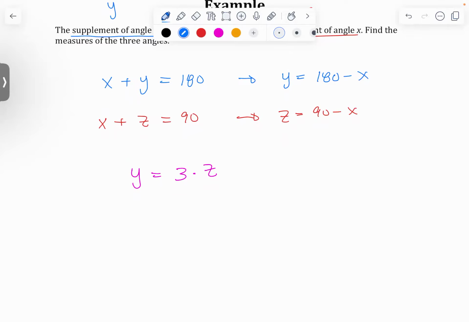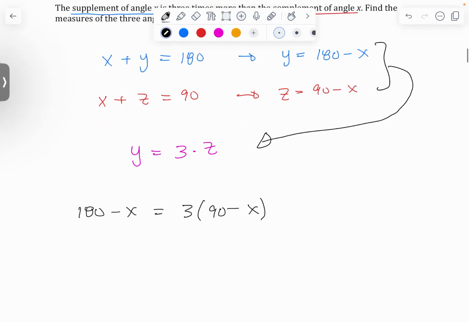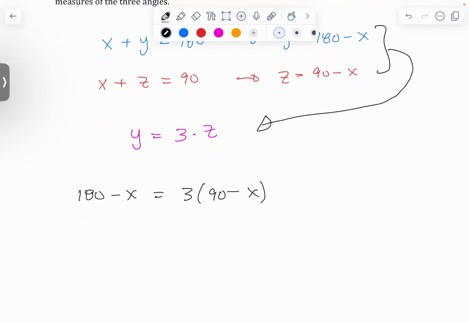So now with this information, I can take these two guys, plug them into this equation, and I should be able to solve this down for x, and then hence find x, y, and z.